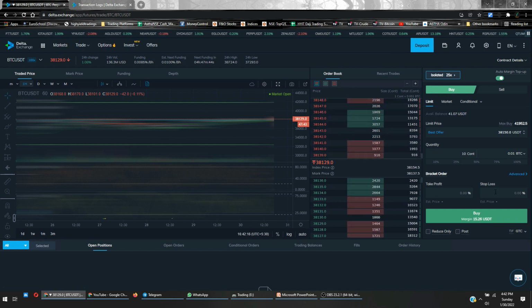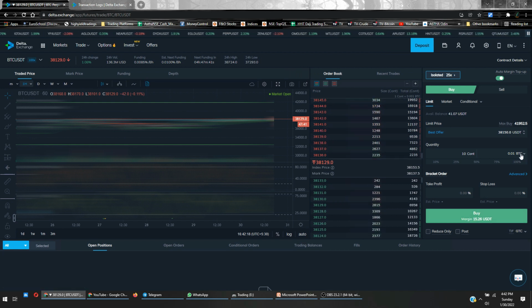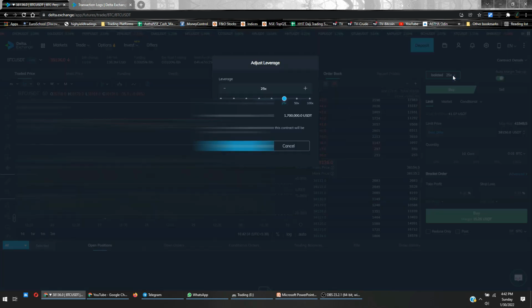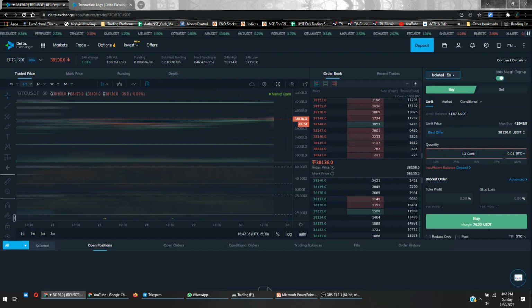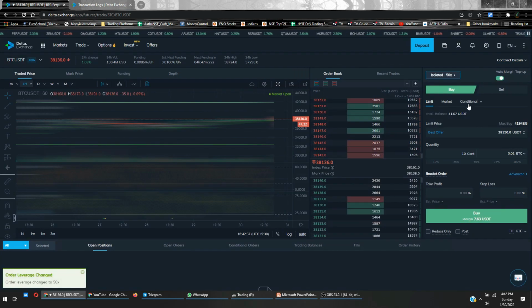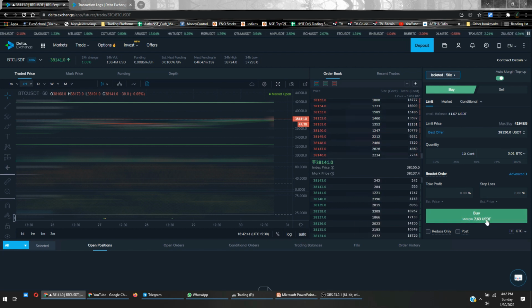To trade 0.01 BTC with a 25x leverage, you would need a capital of 15.26 USDT, which you won't have because you are starting with $12.45. So make sure to trade it with 50x leverage. Trade 0.01 BTC with 50x leverage, and you would need a capital of 7.63 USDT, which very well comes under your capital, that is $12.45.